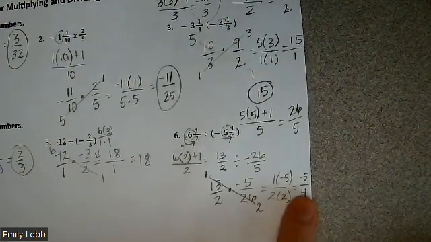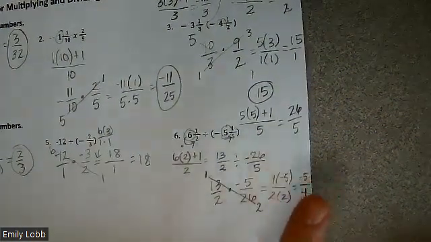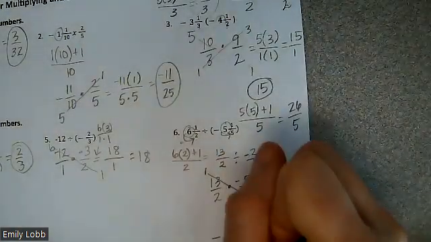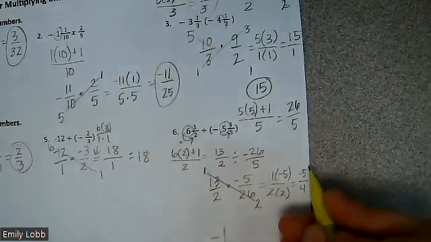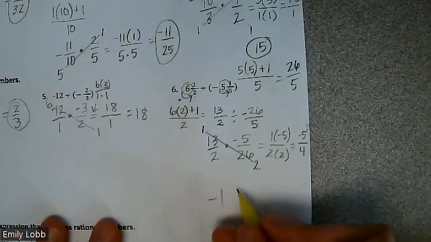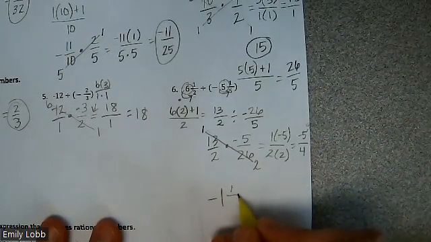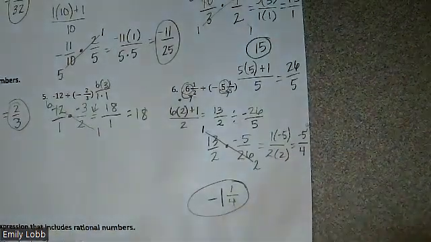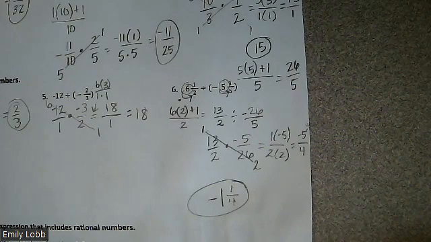I'm asking, how many groups of 4 can I take out of 5? 1. So I have negative 1, and one group is 4, so 5 minus 4 would be what? 1 more remaining. So improper or mixed to improper back to mixed, that's the biggest challenge, I think, for many of you.